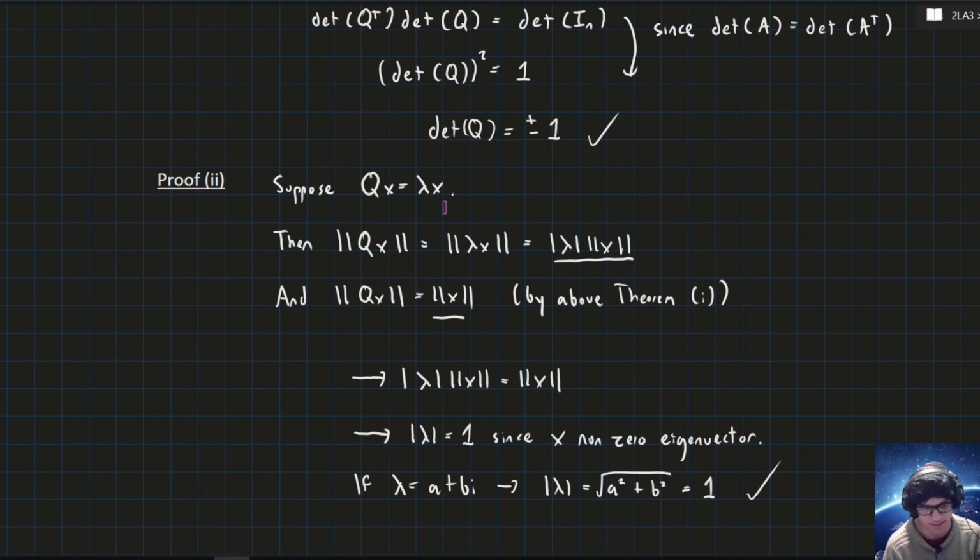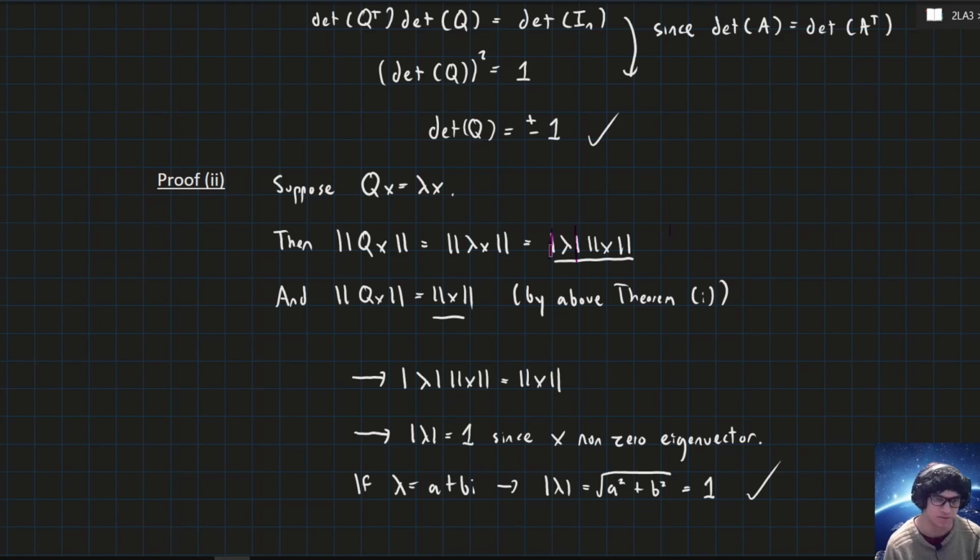Well, it's equal to the length of lambda times x, right? I'm just subbing in Qx equals lambda x into here, because it's an eigenvector. Now, I just use a property of the length that we discussed in one of the first lectures, that if you have a scalar number lambda, I can pull it out, but I have to take the absolute value of lambda.